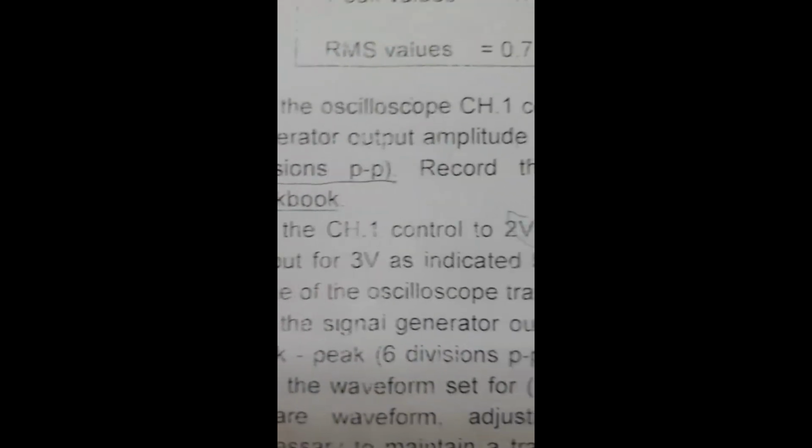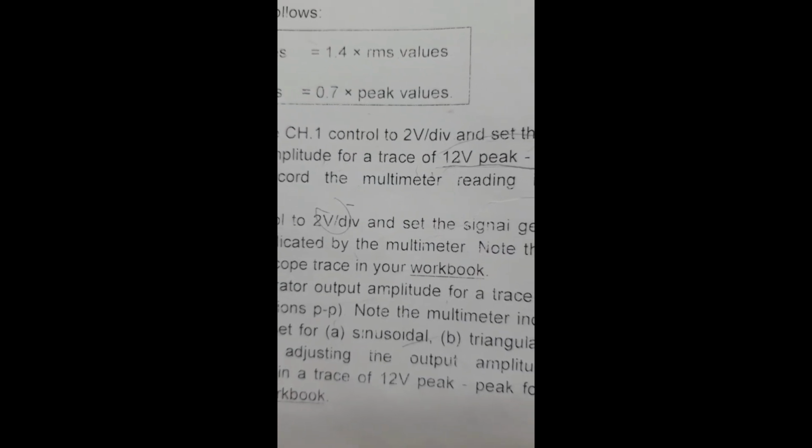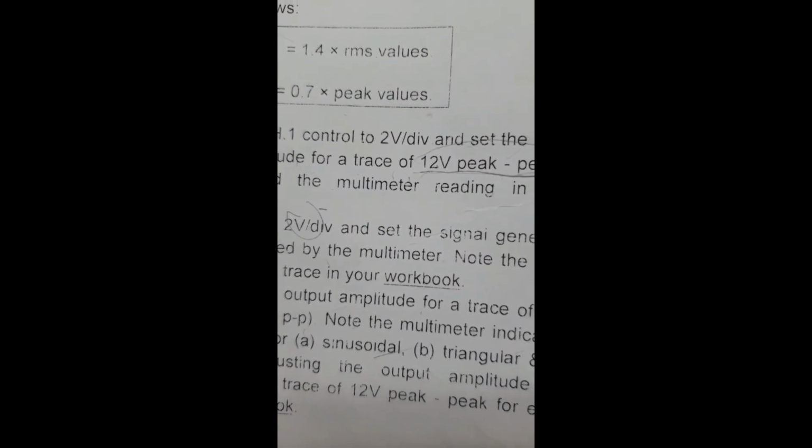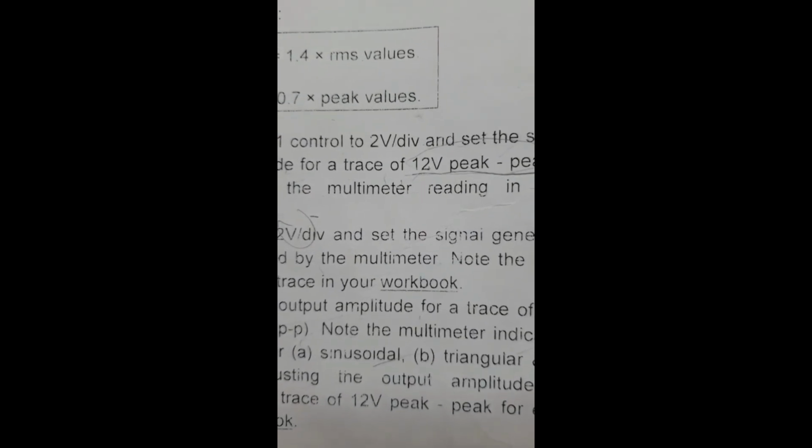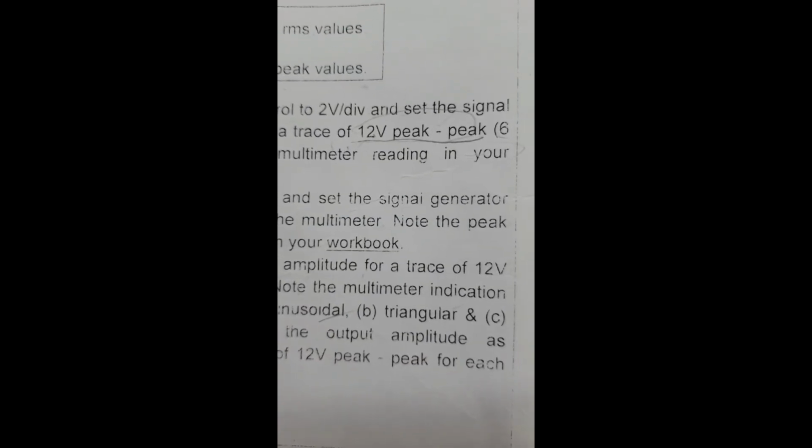Next, set the oscilloscope channel 1 control to 2 volt per division and set the signal generator output amplitude for a trace of 12 volt peak to peak, and record the multimeter reading in your workbook.